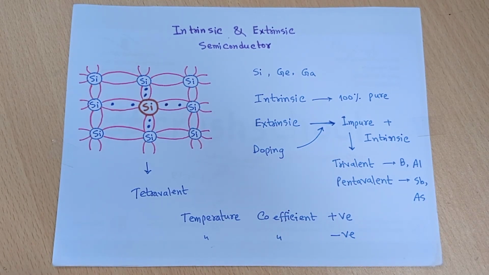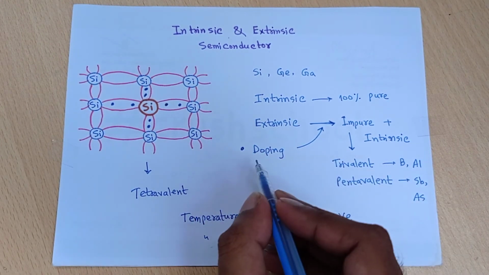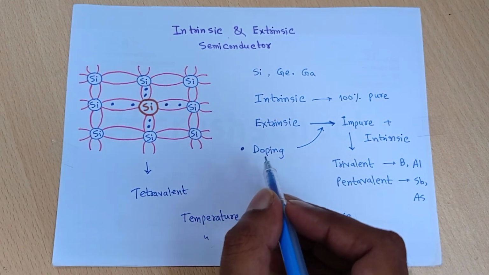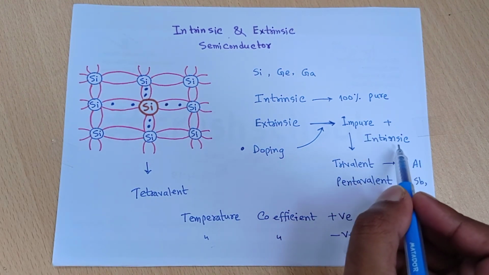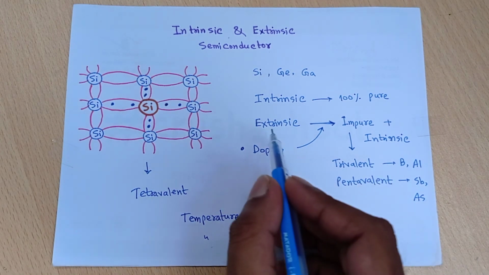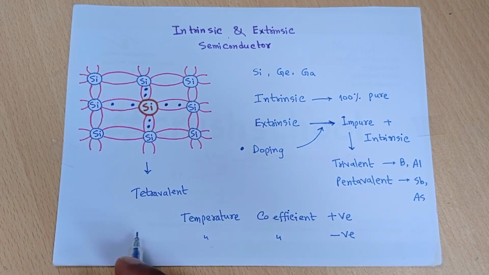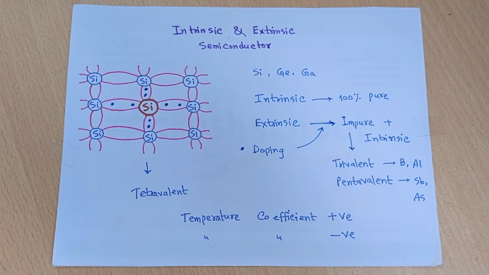And the last thing that I want to share with you is the amount of impure material. So in the doping system, we have to use some impure material with the intrinsic semiconductor so that it becomes an extrinsic semiconductor. But when we add this impure material, the amount should be very low, so we must maintain a very low amount of impure material.